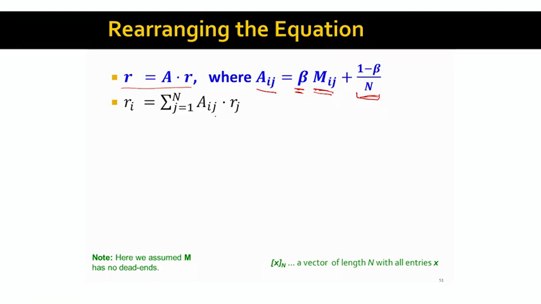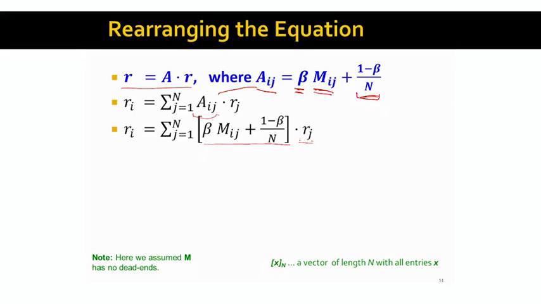What we will do now is take this A and expand it into the equation we have above. So if we do this, this is still simply a summation. Here I'm expanding the definition of A into how we computed matrix A, and I have my entry from the rank vector r. So now I can distribute the summation.